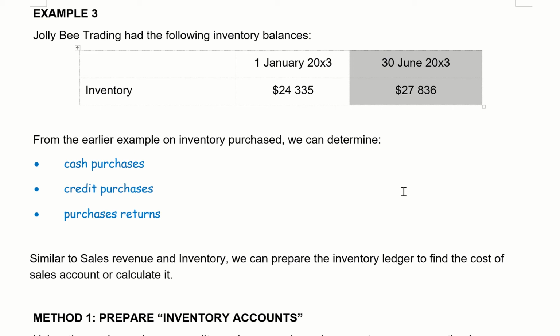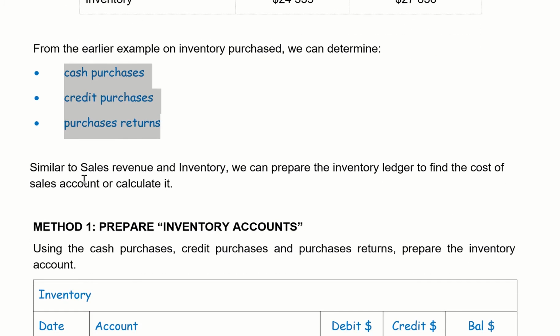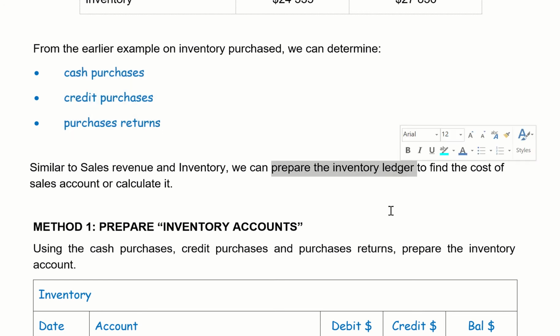So what we are going to do is that we will need to use the earlier examples, example 1 and example 2, because from earlier example 1 and example 2, we can find out all these numbers. We can get the cash purchases, we can get the credit purchase number, and we can get the purchase returns number. All right. So very similar to sales revenue and inventory purchases, you are going to prepare the inventory ledger.